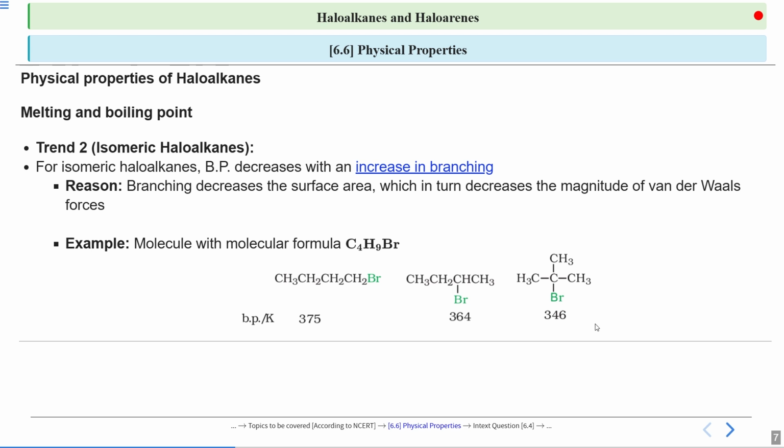So there is an increase in the branching. The first molecule has no branch, the second molecule has 1 branch, the third molecule has 2 branches. Right? So its boiling point will also decrease. So from 364 it will go to 346 Kelvin. So this is how an increase in the branching will decrease the boiling point of the molecule.